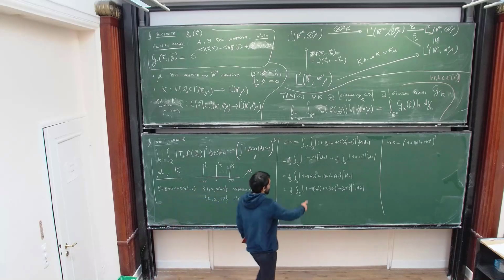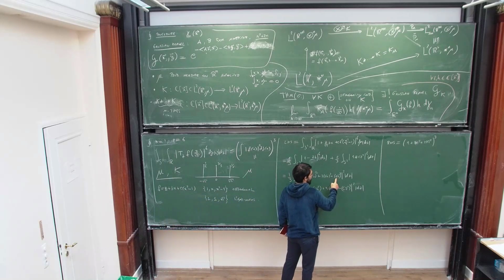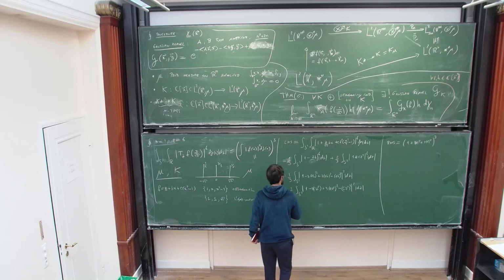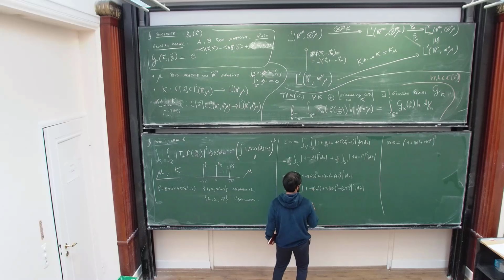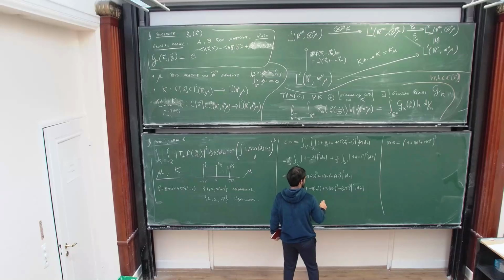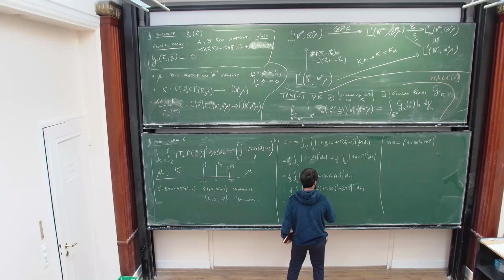But now z squared and z cubed, they're orthogonal. So this is just 1/3 of 1 plus 9 b squared plus 9 b to the 4th plus b to the 6th.